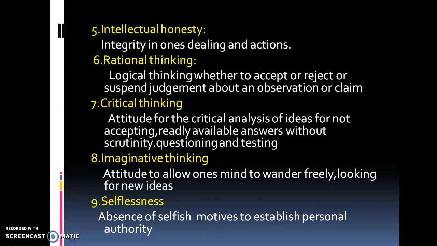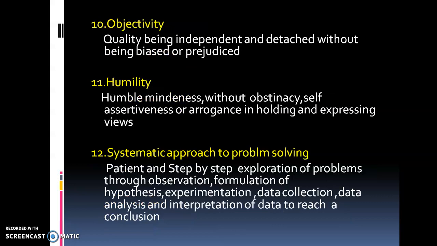Then selflessness. We have to completely avoid the selfish motive to establish our personal authority, while doing an experiment. Then objectivity, a quality of being independent and detached without being biased, is needed for scientific investigation. And humility. Humility means being humble, without any obstinacy, self-assertiveness or arrogance in holding and expressing our views.